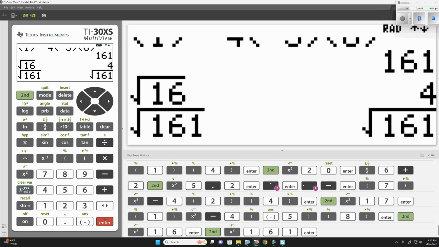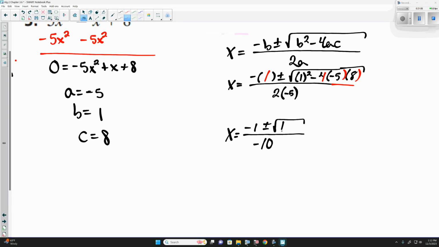Oh, because b is 1. I switched b and c when I put in 8. Yep.